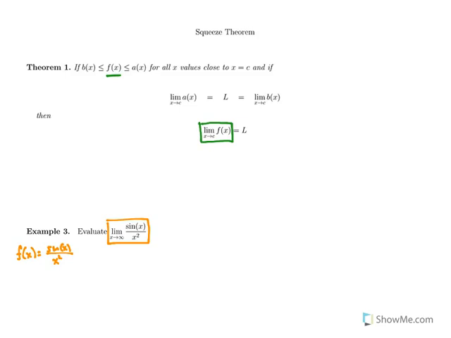So if we can have that the function is always less than some function and always greater than some other function, b of x and a of x.